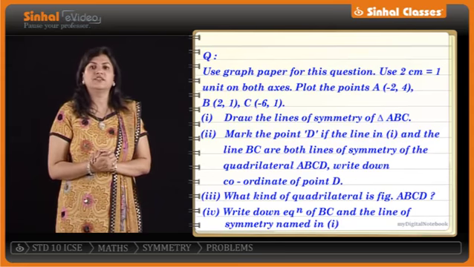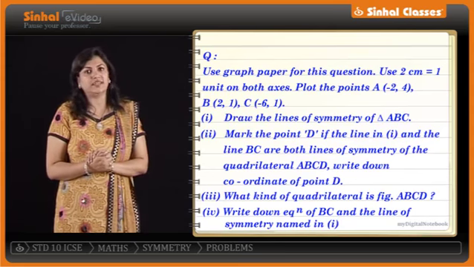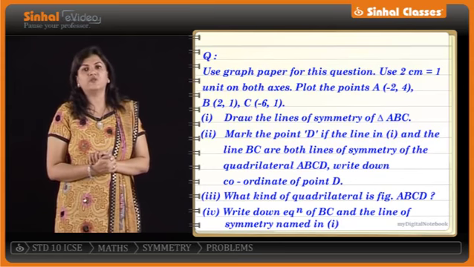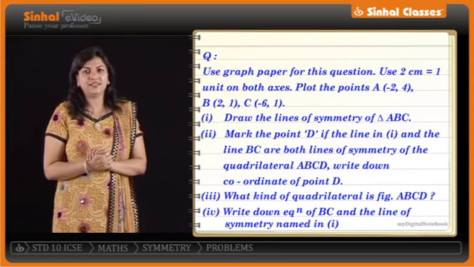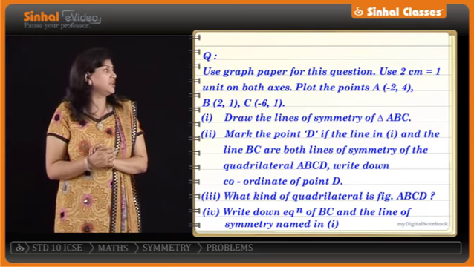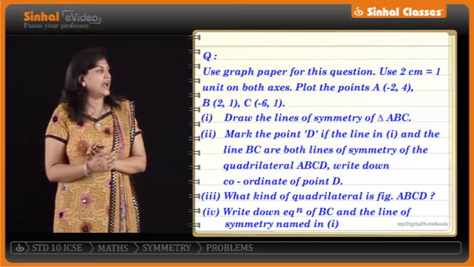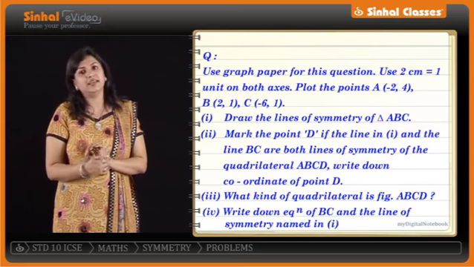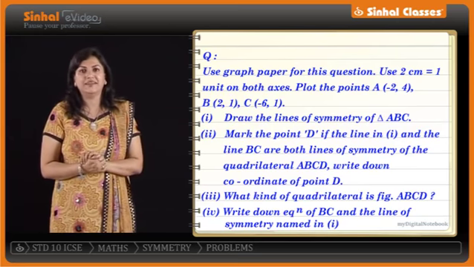Also write down the coordinates of the point D. What kind of quadrilateral is ABCD? We also need to write down the equation of BC and the line of symmetry named in part 1.